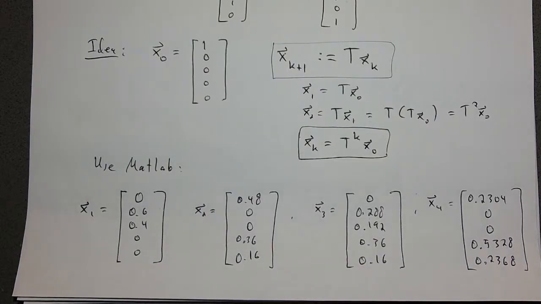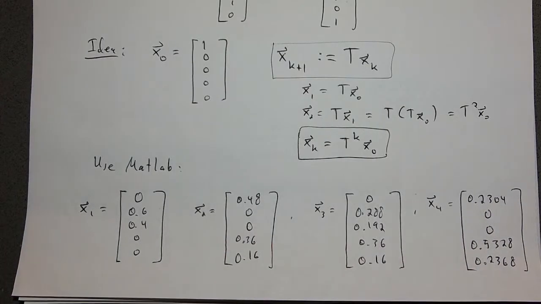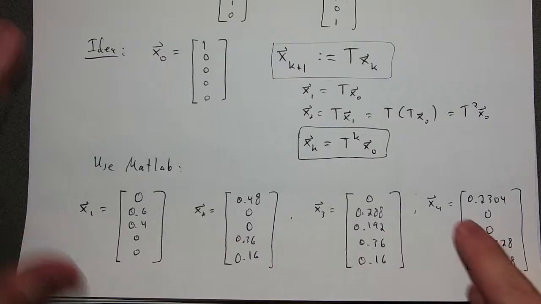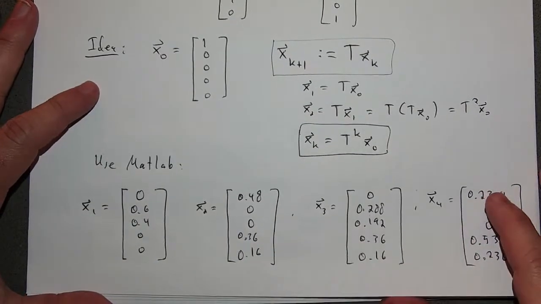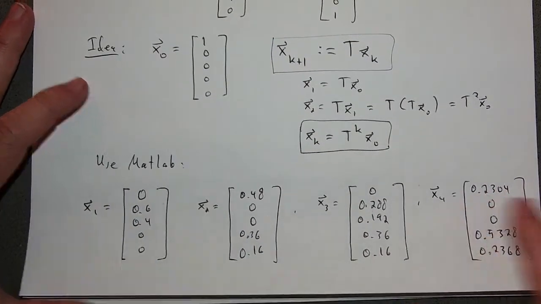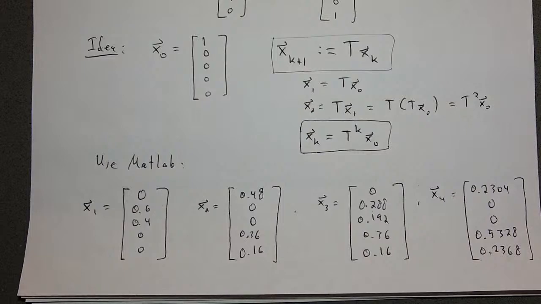Okay. So what does this say? What is this telling us? Let's maybe unpack a little bit what this is saying. After 4 iterations, that is after 4 scores, right? Each iteration is a score, a point scored by one of the players.